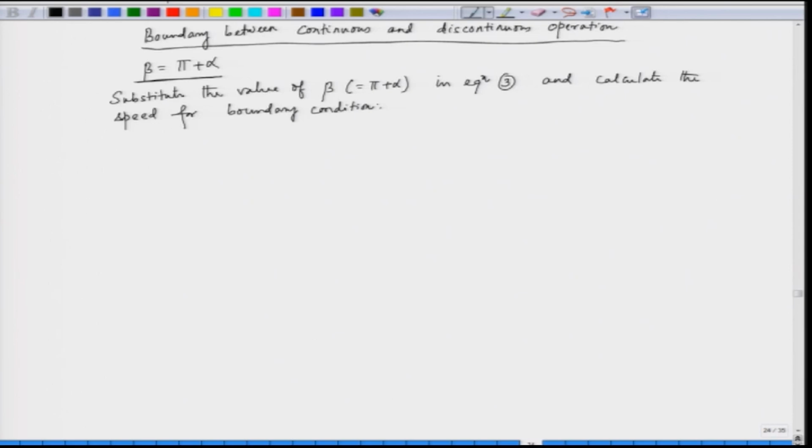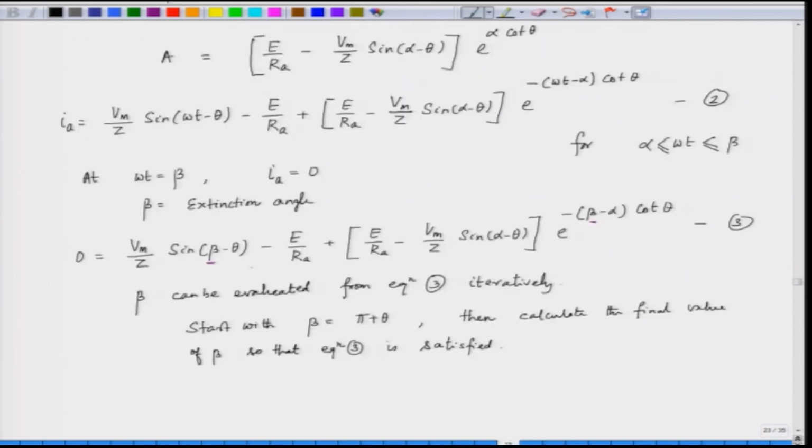So, we substitute the value of beta in this equation number 3 and see under what condition we get this boundary between the continuous and discontinuous operation.